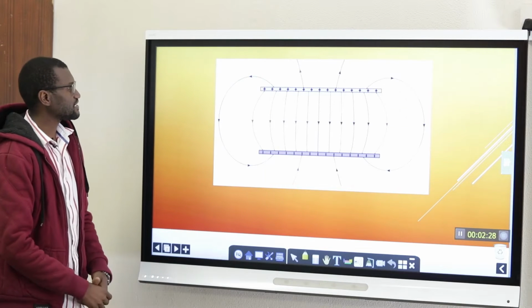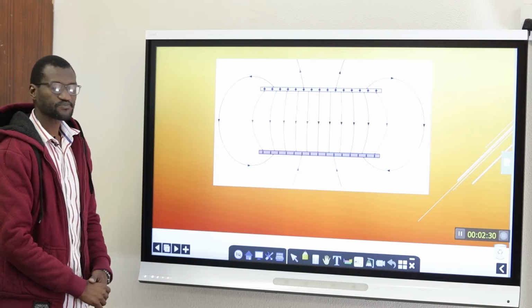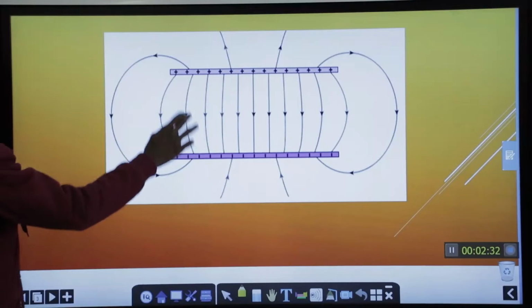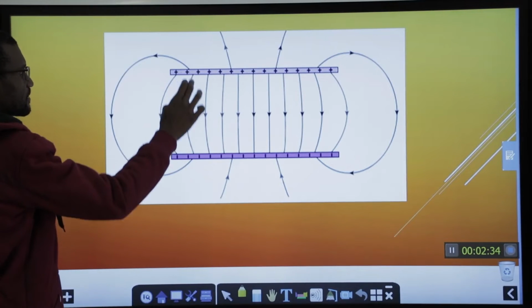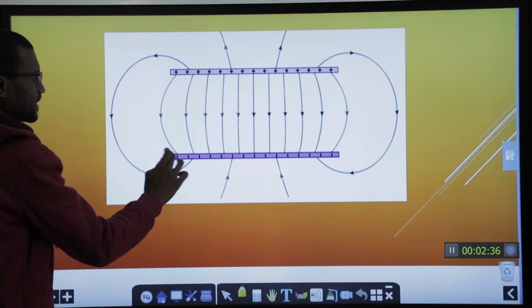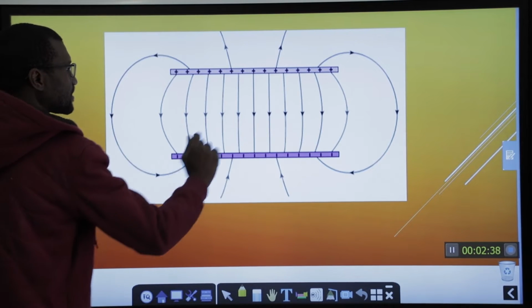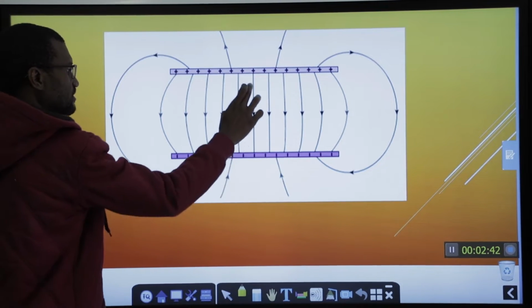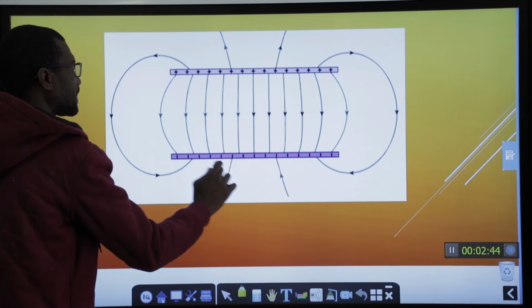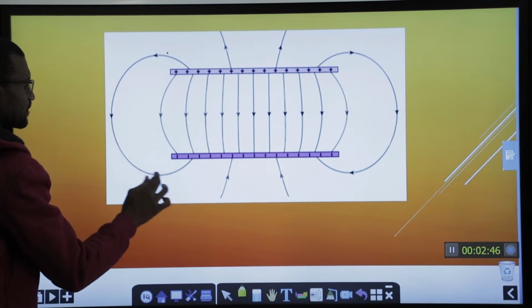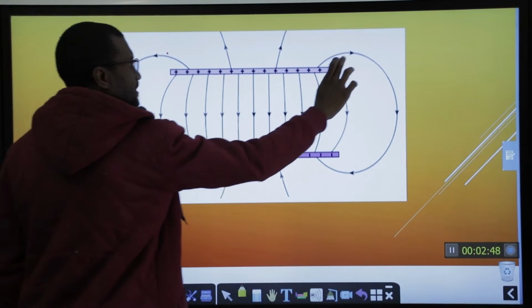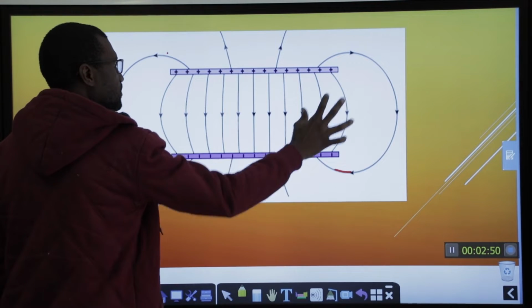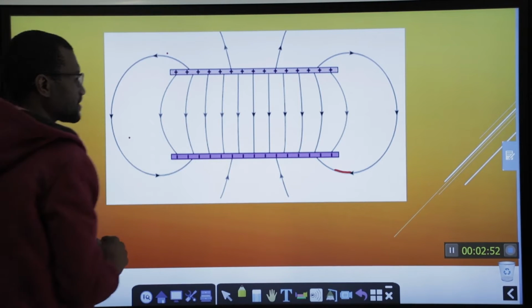The next part is, how about two ends that are positive and negative. Alright, you can see that they are equidistant from each other, always pointing towards the negative. Only changes around here. As you can see, it becomes rounder as you get closer to the edges.